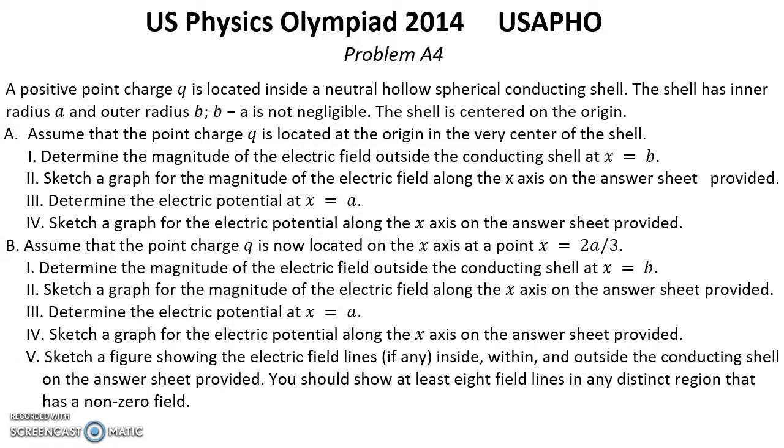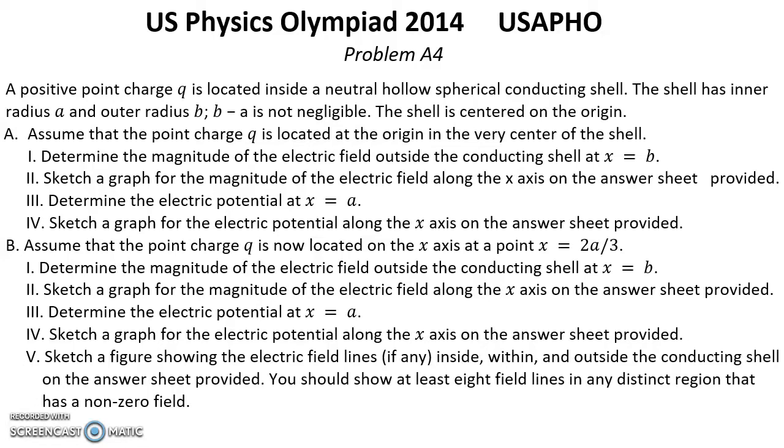Part A. Assume that the point charge Q is located at the origin, in the very center of the shell. First question. Determine the magnitude of the electric field outside the conducting shell at x equal b. Question 2.